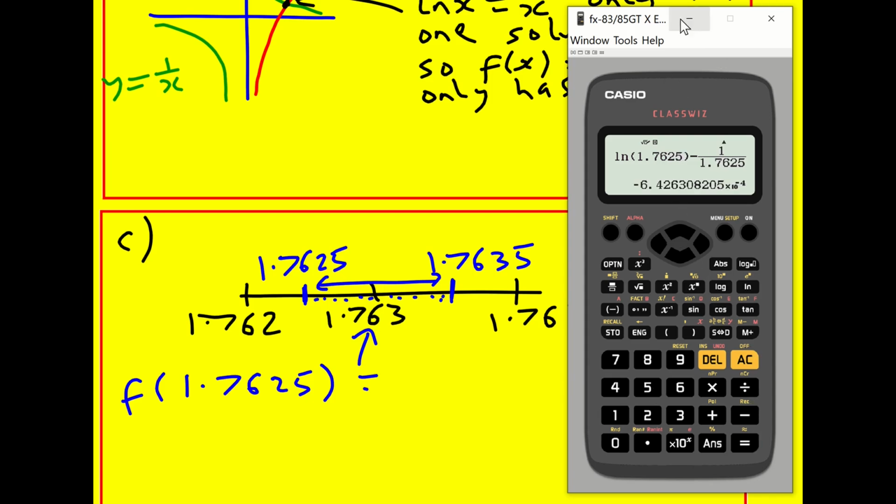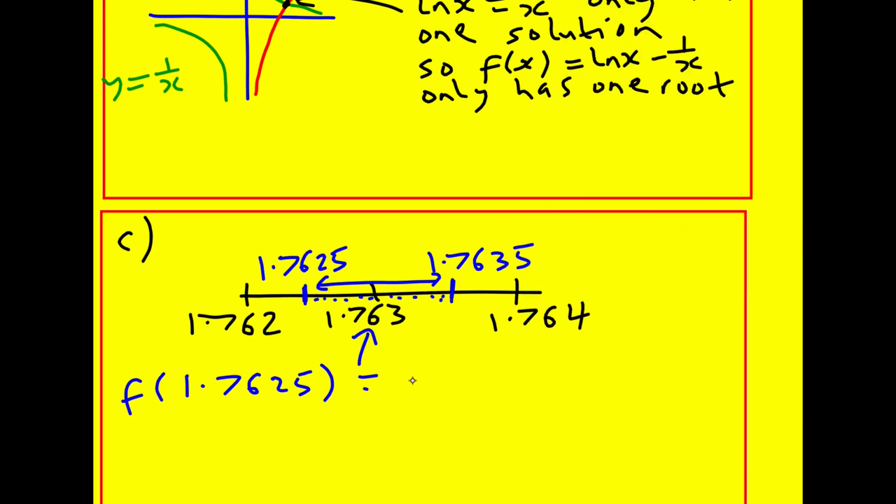Okay, and it's minus 6.426, but it was in standard form, times 10 to the minus 4. It's very, very small here, but still non-zero. 1.7635.